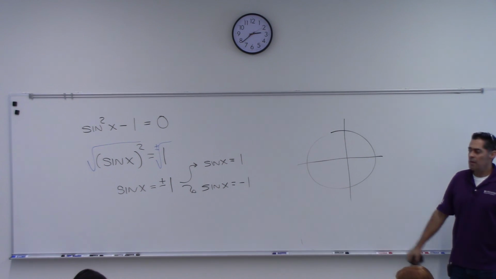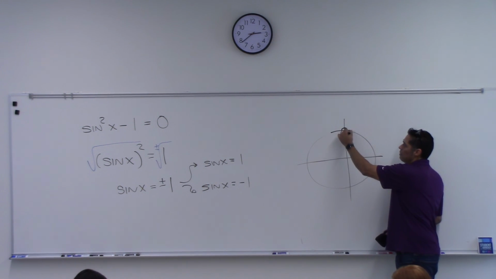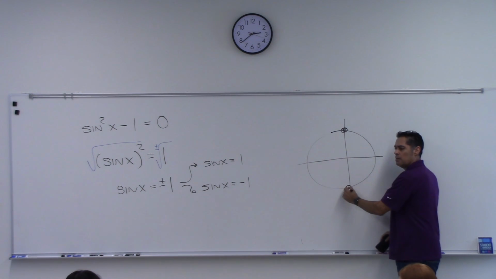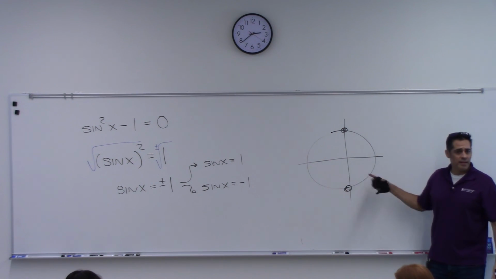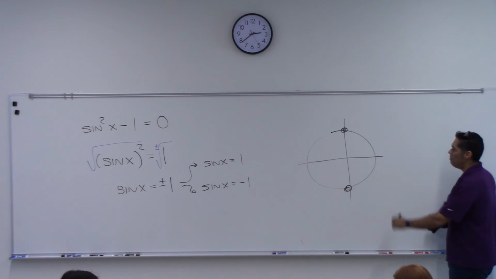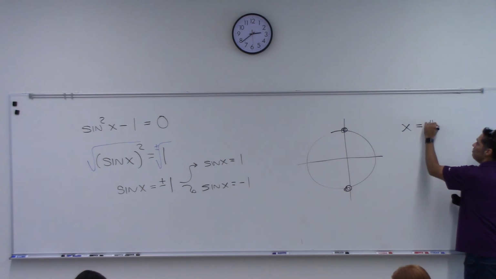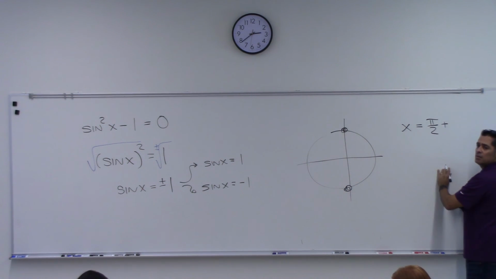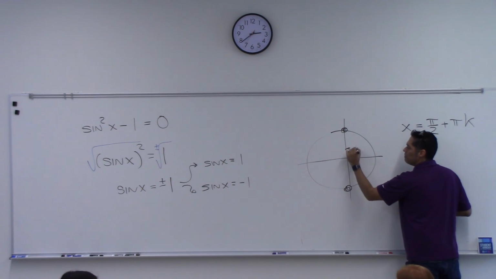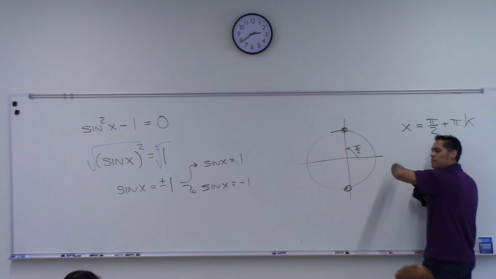The y coordinate. So that's really saying, where's the y coordinate 1, and where's the y coordinate negative 1? All answers that land here are here. So x would be what? Pi over 2 plus pi k. So you're going to start here at pi over 2 and then start jumping half rotations, either direction.